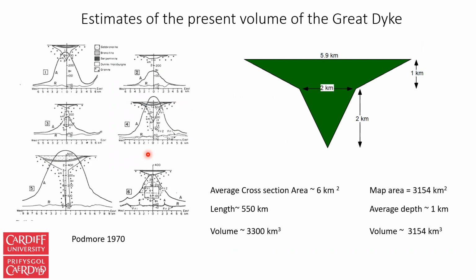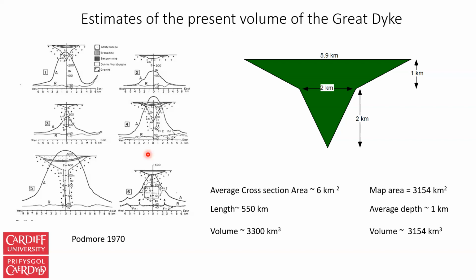Obviously, from existing mining operations, we have a bit of a picture of the lopolithic top of the Great Dyke, but at depth, we have to go back to the 1970s and Francis Podmore's fantastically detailed work for that time of gravity modeling, showing for the first time that the lopolithic shape was locally underlain in places in the 2 sub-chambers, for example, by a deeper feeder dike.